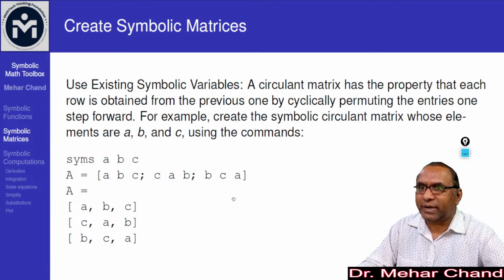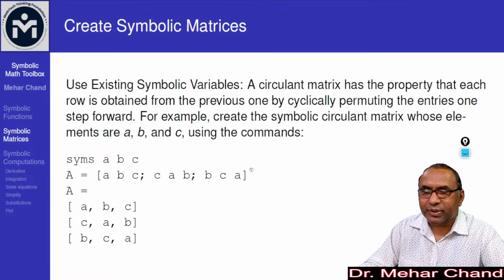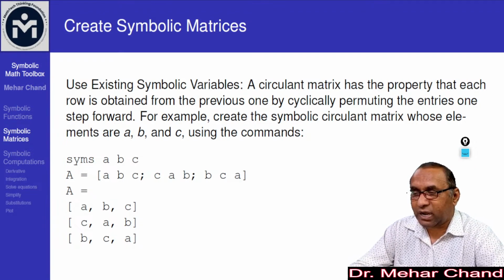A circulant matrix has the property that each row is obtained from the previous one by cyclically shifting the entries one step forward. And this is the example which we have presented. You will also get this presentation file in the WhatsApp group, along with the previous presentation. I will share it with you so that this content will be helpful for all of you.